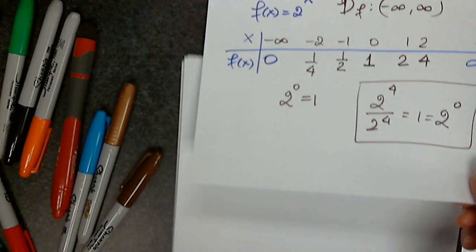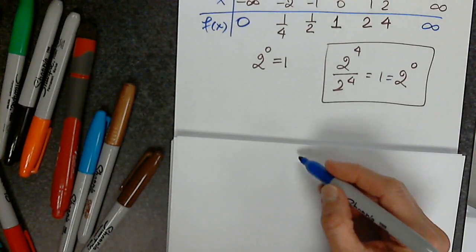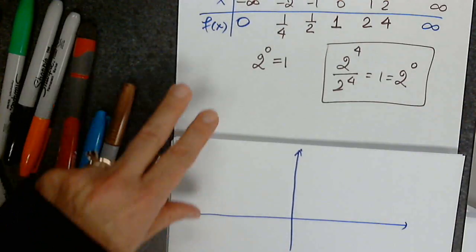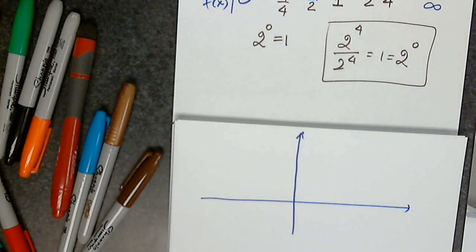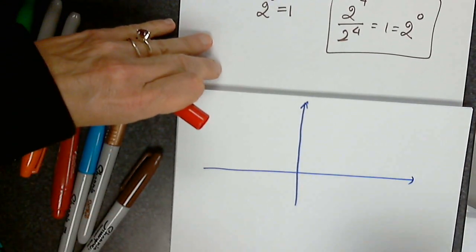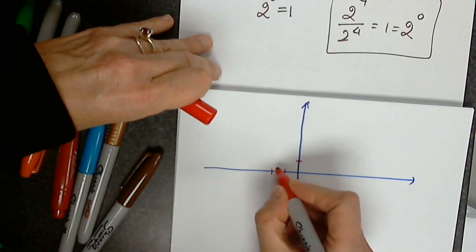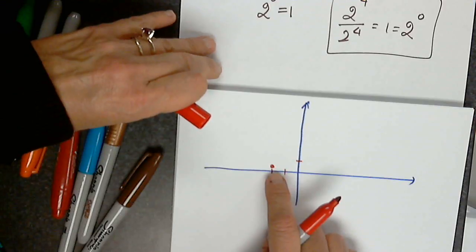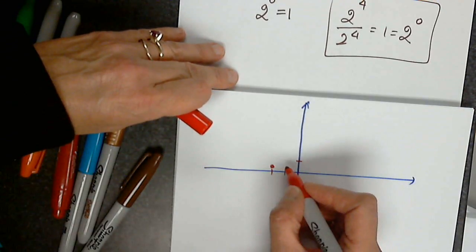So let's graph. From left to right, the first ordered pair is difficult to plot, but we'll figure it out. Something like this. Next ordered pair, -1, 1/2.